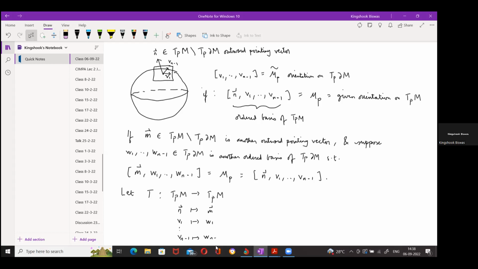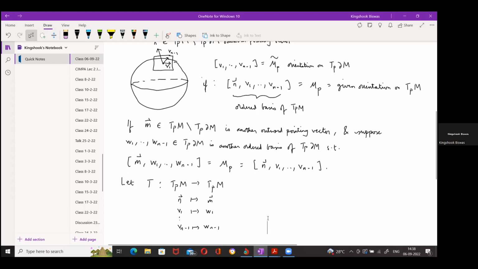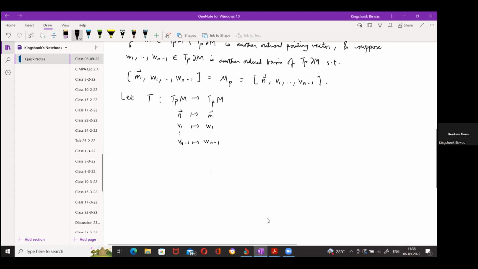Okay, fine. So what does the matrix of this linear map look like with respect to the basis n, v1 to vn minus 1?